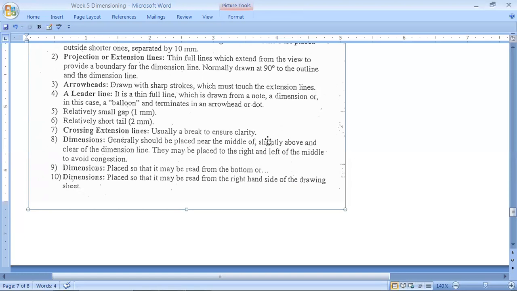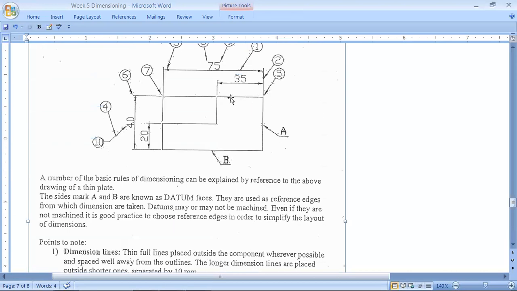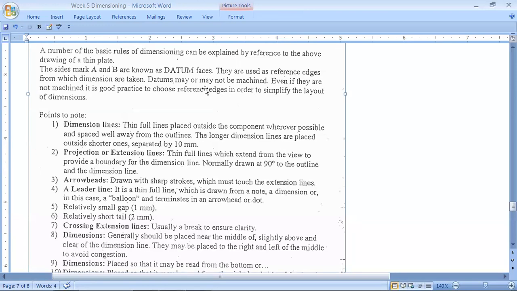In those particular cases where the text value might clash or be confused in the drawing, you have a choice to place it near to the left or near to the right. In case it might be confused with some other detail of the drawing, you can move that dimension a little to the left or to the right. If not, just keep it, as most of the time, at the center of the dimension line.